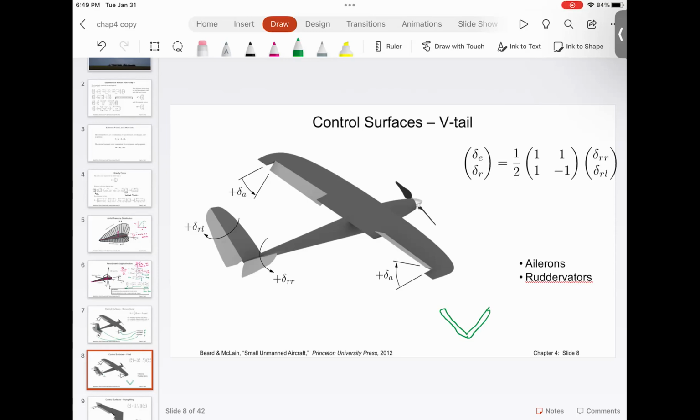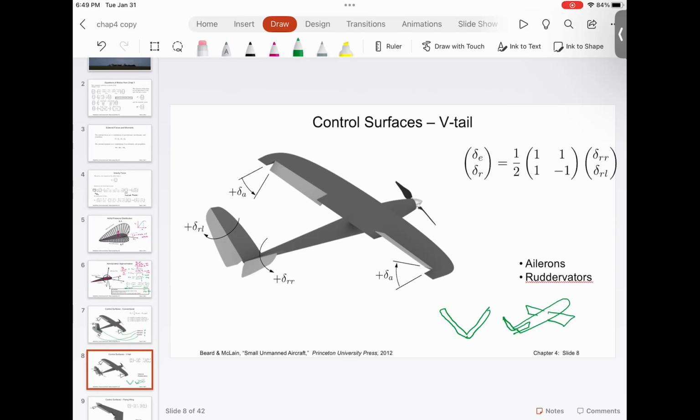So if you look at this aircraft, there is this tail here, there is this tail here, and so basically you have a wing like this. So that's why it is called the V tail.